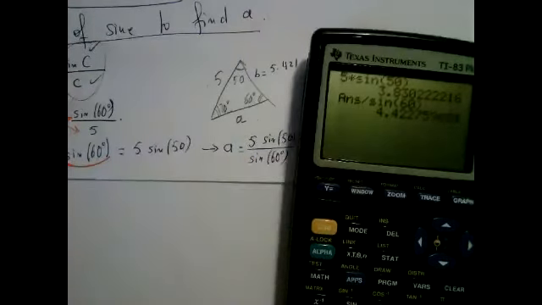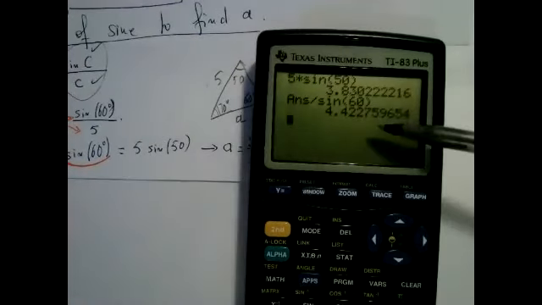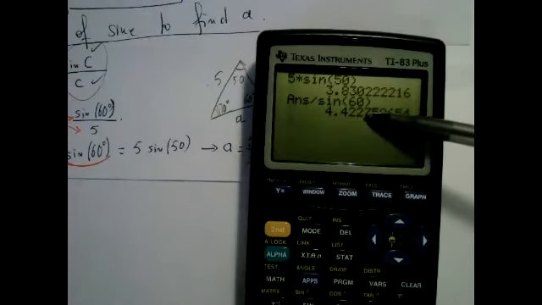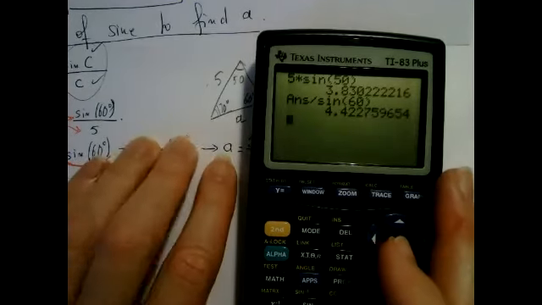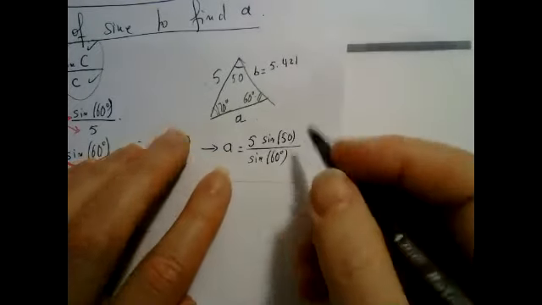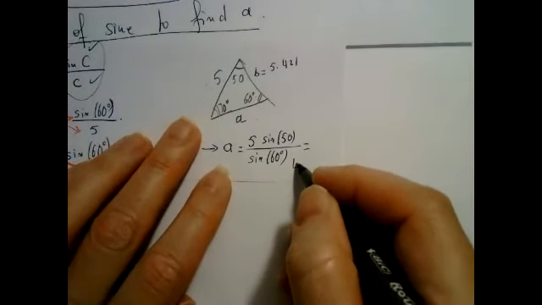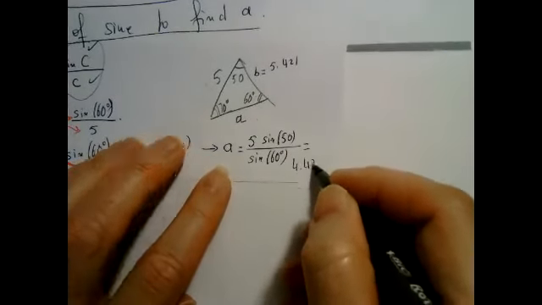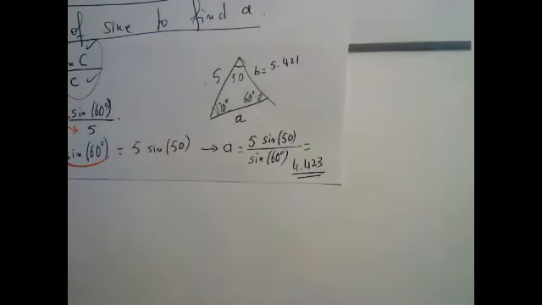That's actually the most accurate way. So I'm getting 4.227. If I round it to 3 decimal places, I get 4.23, which is what your classmate actually got. And that's exactly what a lot of you did get. All right, so that's really the idea.